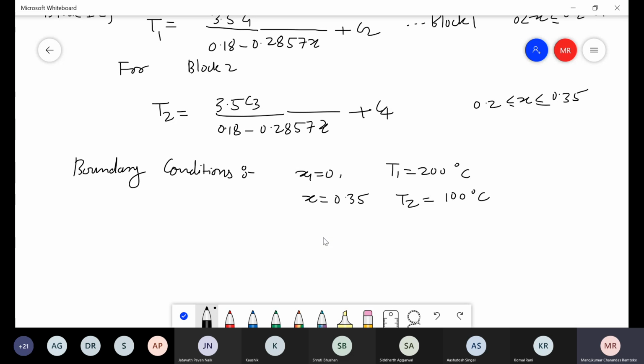Another boundary condition is at x equals 0.2, T1 should be equal to T2, correct?